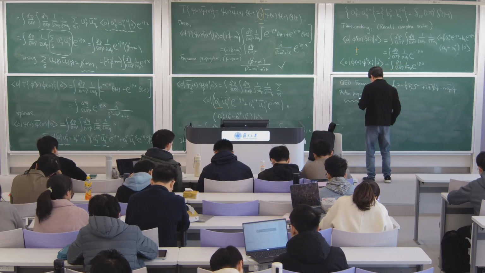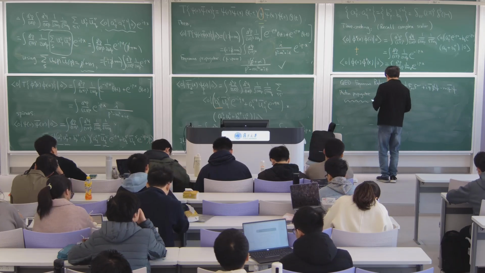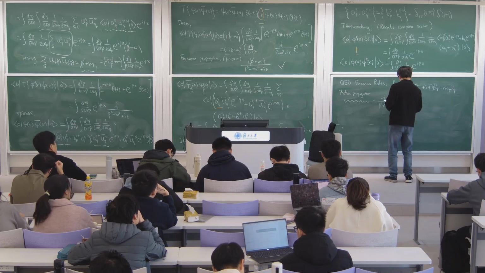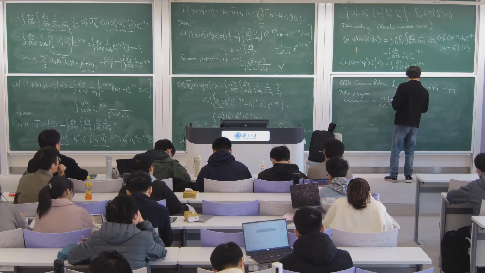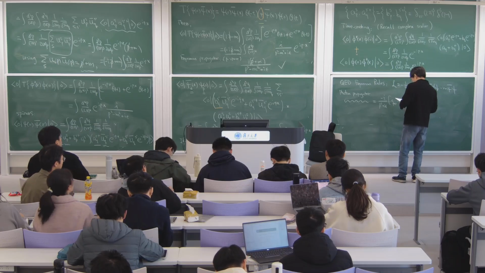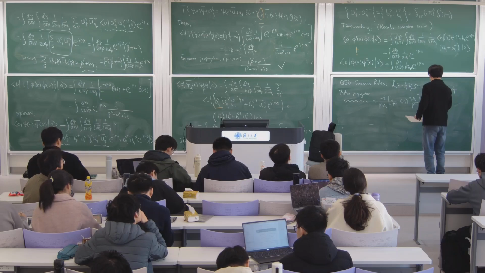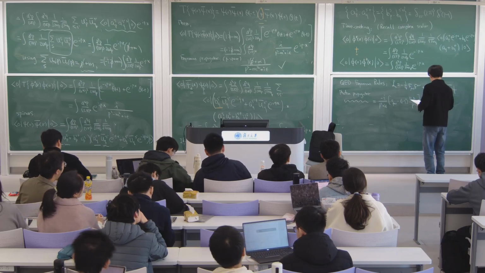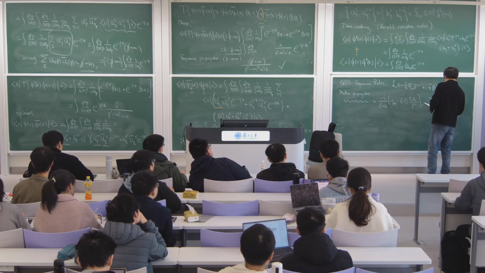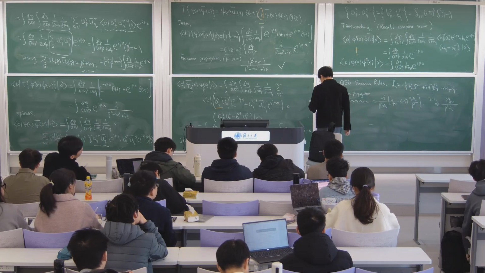This propagator is minus i over p squared plus i epsilon, times g mu nu minus (1 minus xi) p mu p nu over p squared, in the covariant gauge. If we take the xi equals 1 gauge, then it becomes minus i g mu nu over p squared. This is the photon propagator.